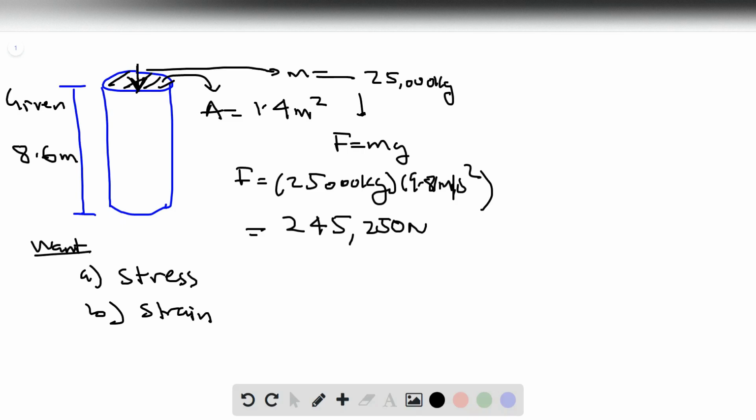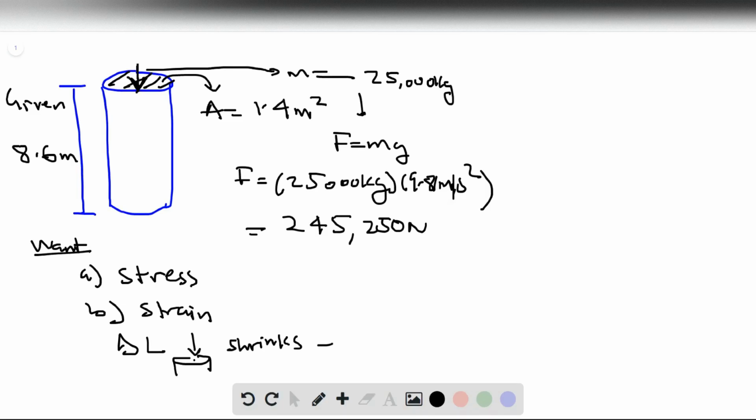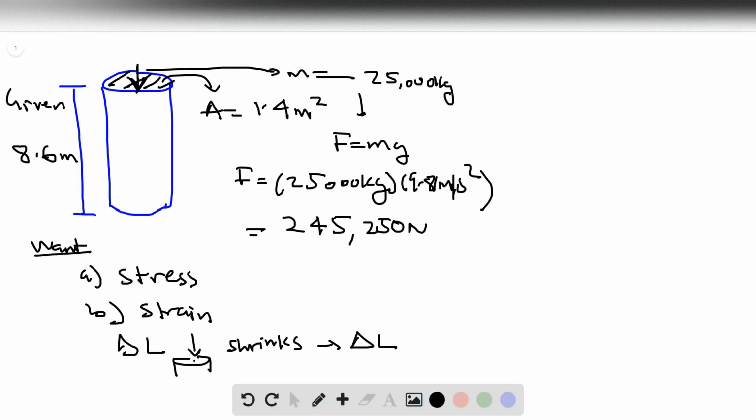And eventually we want to find delta L, meaning if you're applying a force on the column, then it shrinks. We want to find out by how much it shrinks, and we're calling that delta L. Just as a reminder, this is the initial length of 8.6 that we're using.